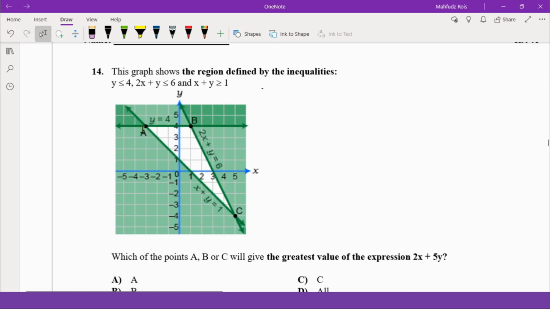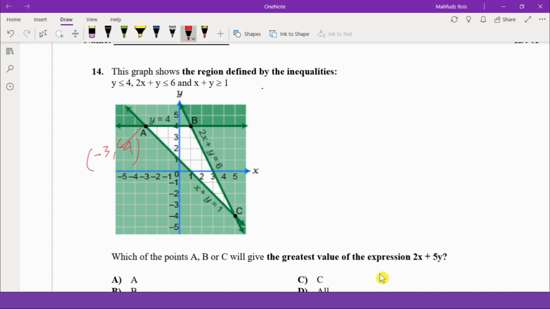On form A here, it's clear that the coordinates of point A here is -3, comma 4, right?